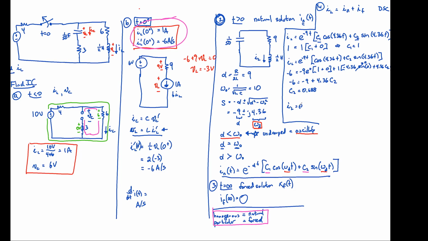It's equal to e to the minus 9t, C sub 1, which is 1, times the cosine of 4.36t plus 0.688 sine of 4.36t. And it's possible that if you had something more complicated, you'd have to solve it using matrix equations. You'd end up with 2 unknowns and 2 variables. Whew. That's our answer. Whoops, and I forgot to write that's in amps.